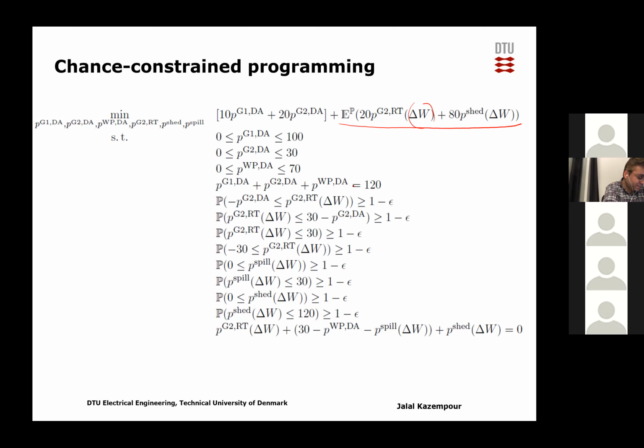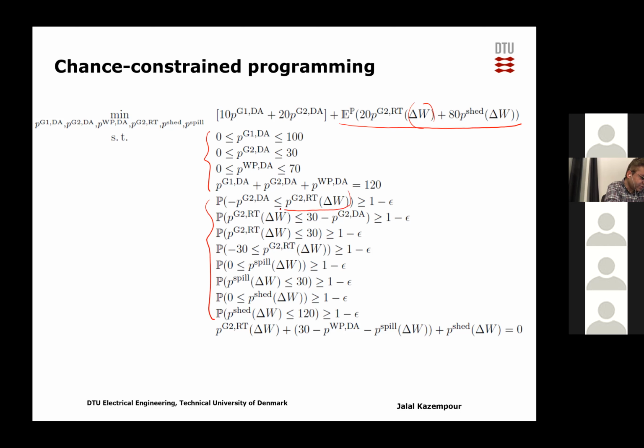And the first constraints are the same, and then we move to the constraints that regard the real-time operation. Essentially, these are the same constraints as before, but we have imposed everywhere a chance constraint. For example, we want them to be satisfied 99% of the time.